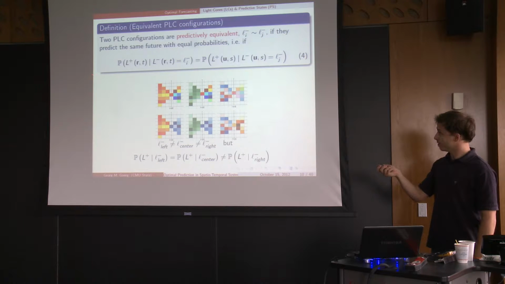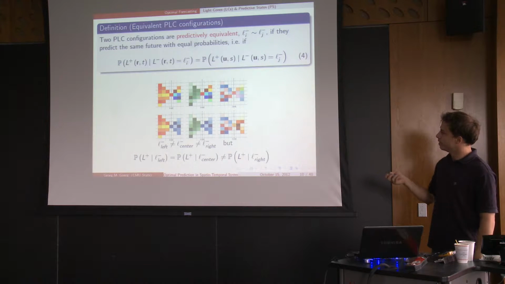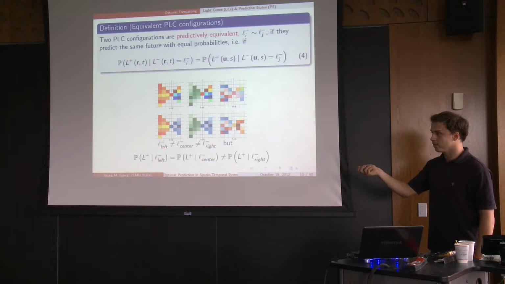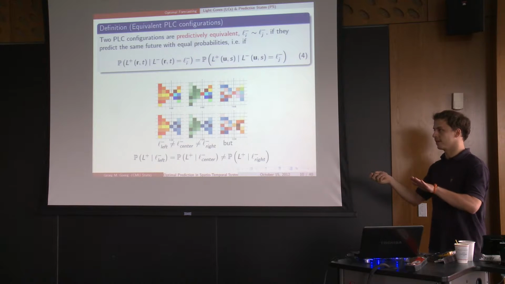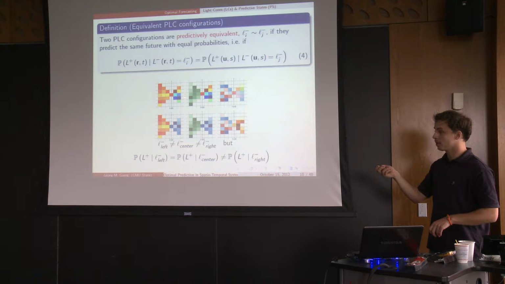The left past light cone is this orange red, then the green, and then this blue red. They're all different, right? But the future distribution of the left and the center one are the same. They're not the same here, because they predict different futures.